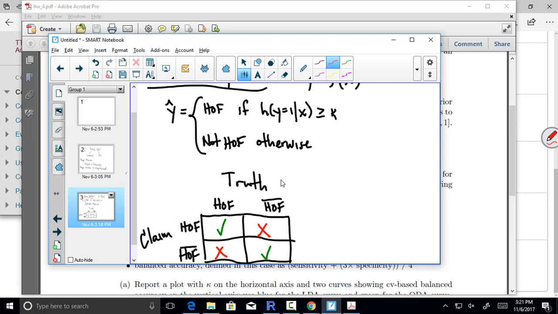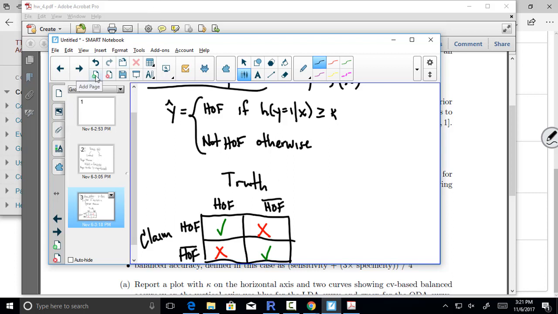Or I claim they're not in the Hall of Fame, but they really are. So when we come to characterizing a predictive model in terms of how accurate it is, the definition of accurate depends on what exactly we're doing. In the 2-class classification problem, there's multiple ways to define accuracy.